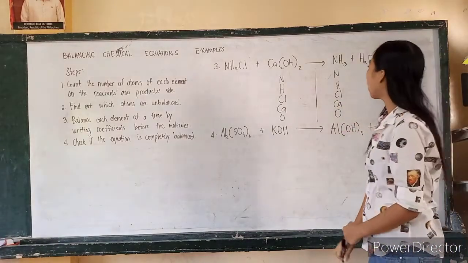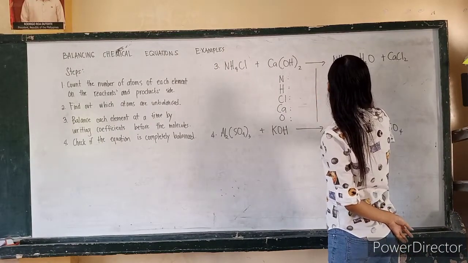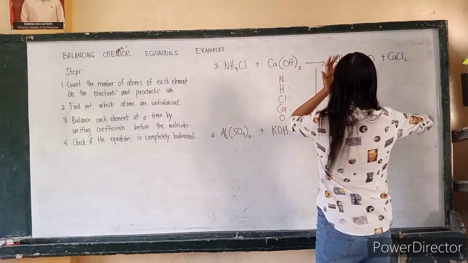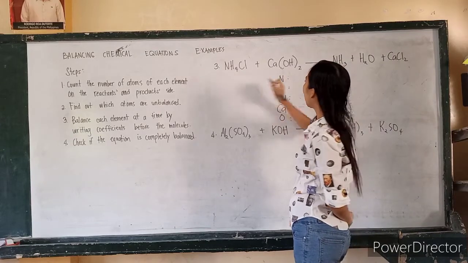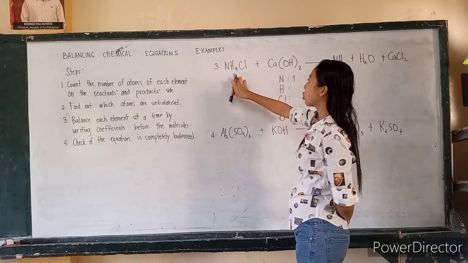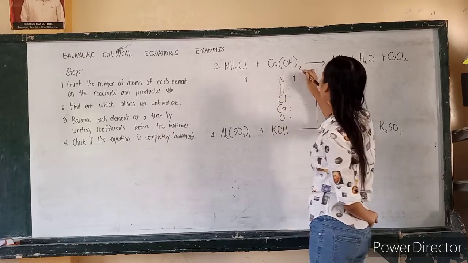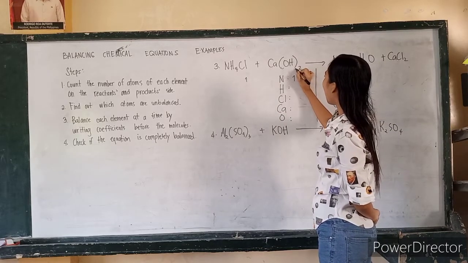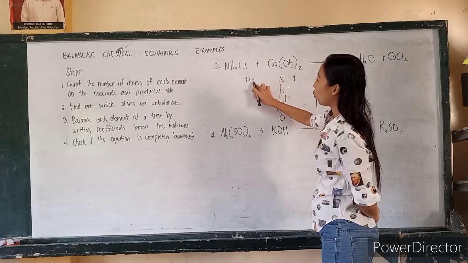Okay? Now, atong bilangon kung pila kabuok ang total nga atoms sa imong reactants side o sa imong products side. Okay? So, we have N, isa lang. Ang imong H, upat kabuok. Right? We have 4 H here. Tapos, atong i-add ni siya. So, atong i-distribute ang 2 diri, so madugangan ug plus 2.